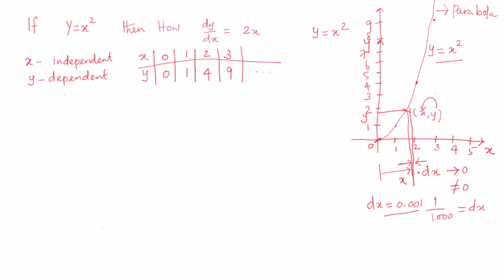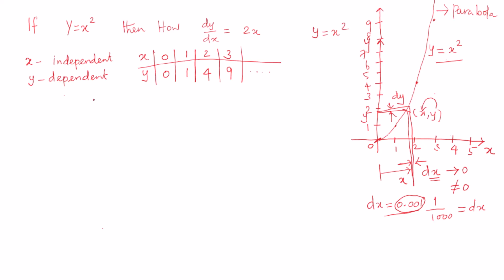If x is differing by the amount dx, 0.001, just a small increment, what will be the value of the increment in y, dy? So what will be the dy value? So dy by dx, this value we have to identify.